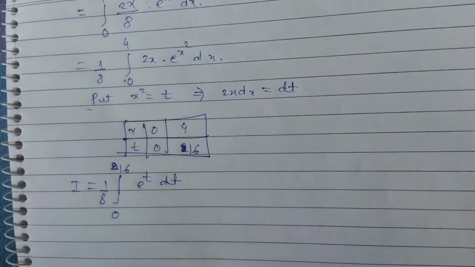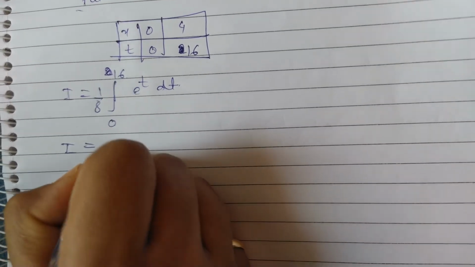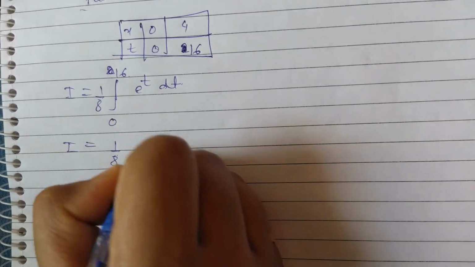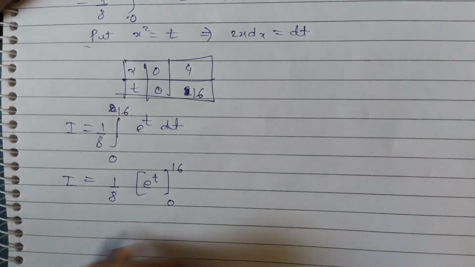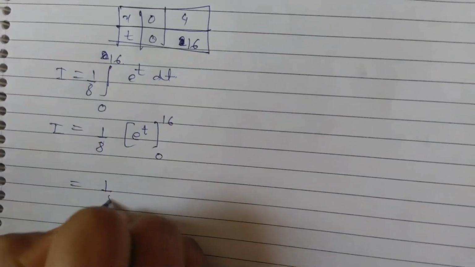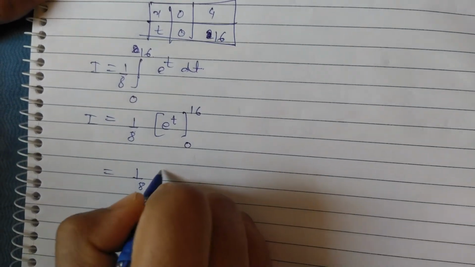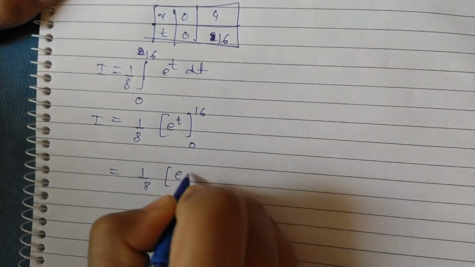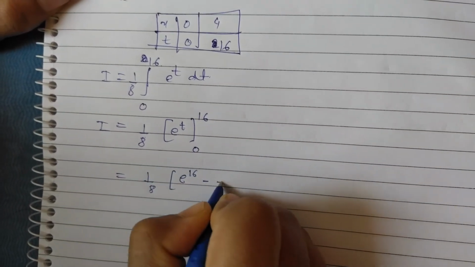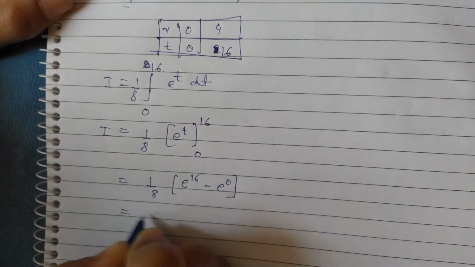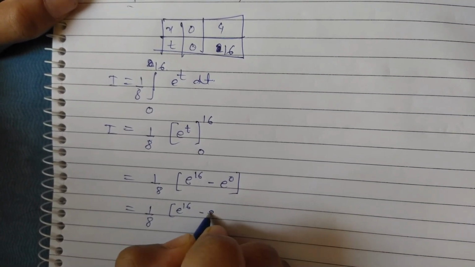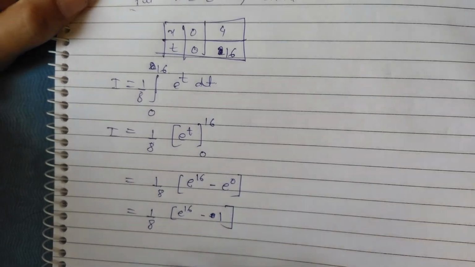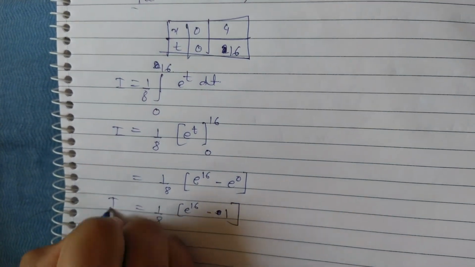So this integration becomes 1 by 8, integral from 0 to 16, e raised to t dt. The integration of e raised to t is e raised to t, with limits from 0 to 16. Substitute the upper limit: 1 by 8, e raised to 16 minus e raised to 0. That is 1 by 8 times (e raised to 16 minus 1), since e raised to 0 is 1. So this is the answer.